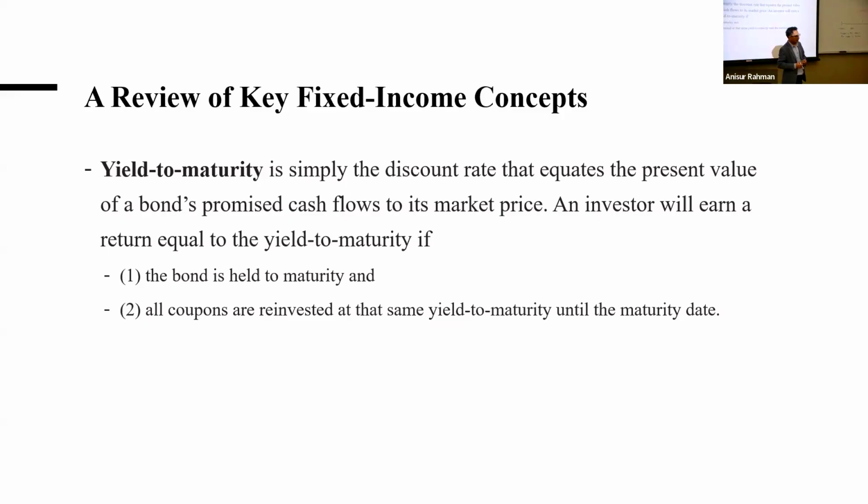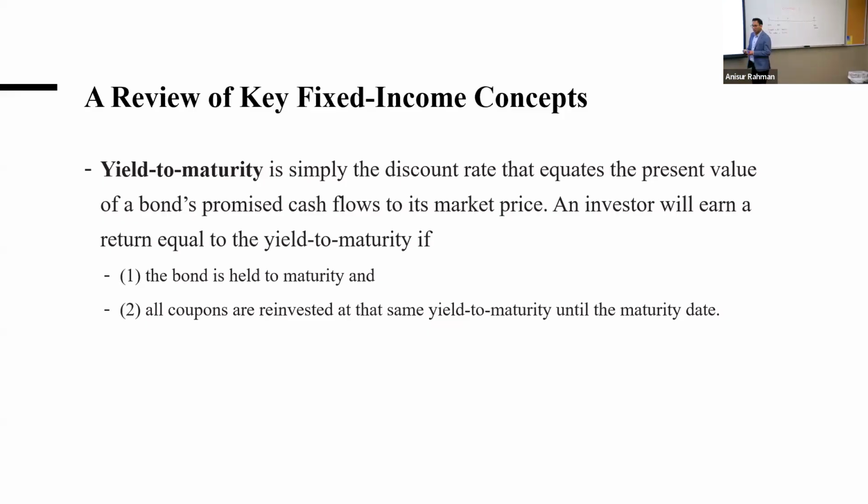Because if the market interest rate is higher, bond price has to be lower, right? So, and let's say you have a 10-year bond. At the end of 10 years, you also get $50 and then $1,000 back, right?